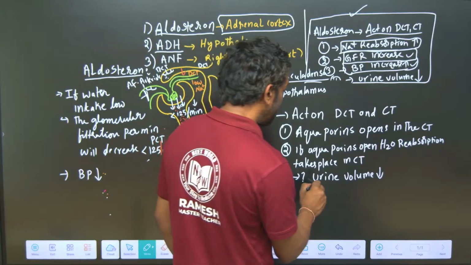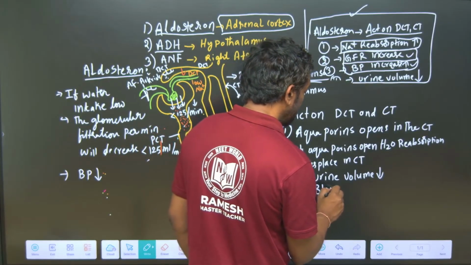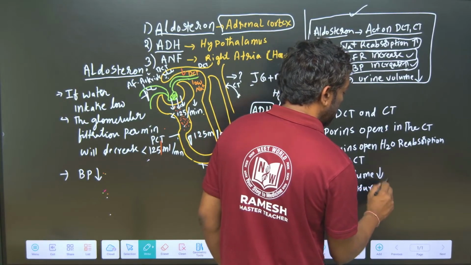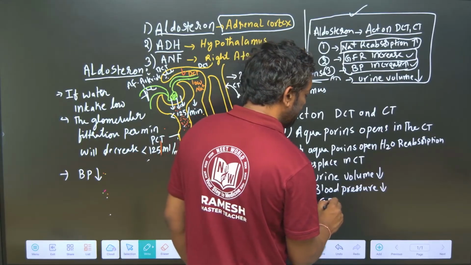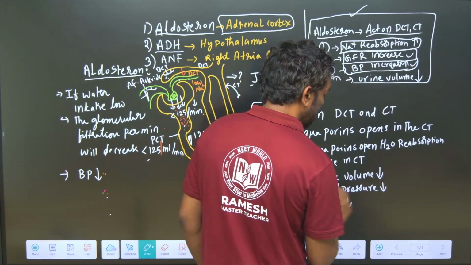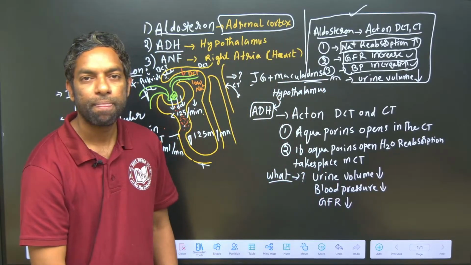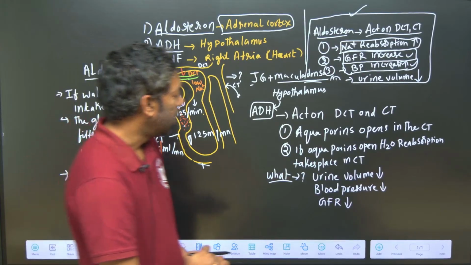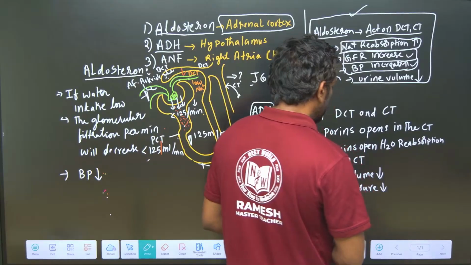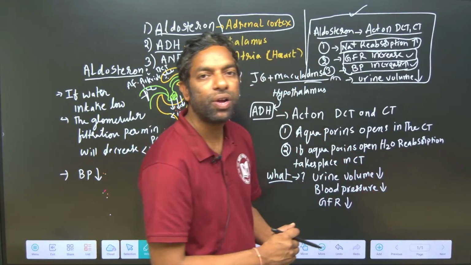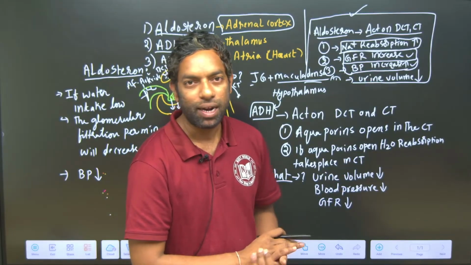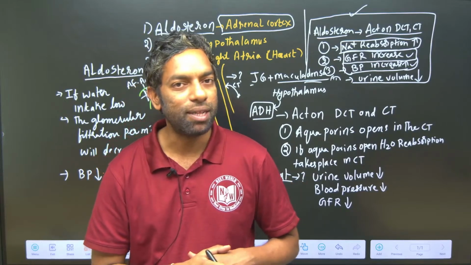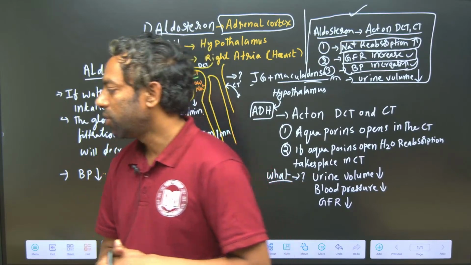So blood pressure will decrease, and GFR will decrease. If the urine volume decreases, water retention takes place in the blood.